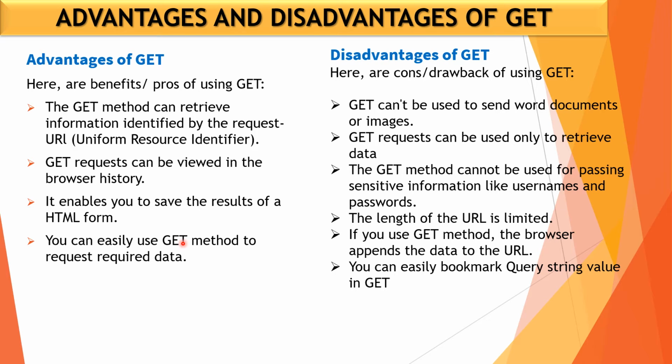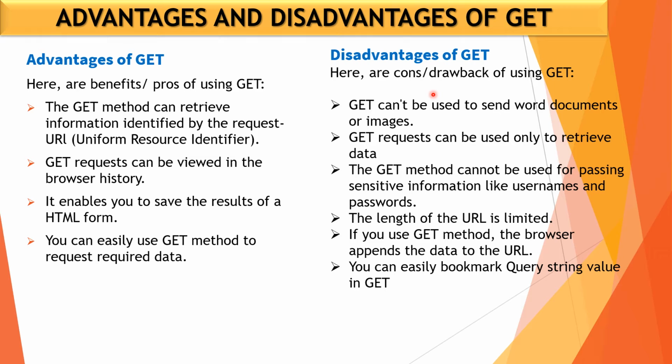But there is a different thing: we are using get, but only string data will be valid in the get method. Let us see the disadvantages of get. Get cannot be used to send Word documents or images.